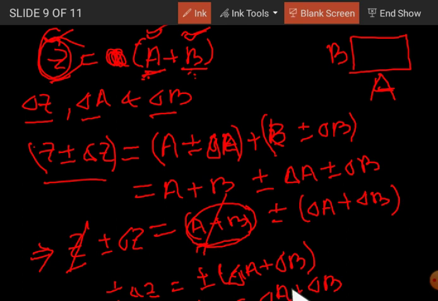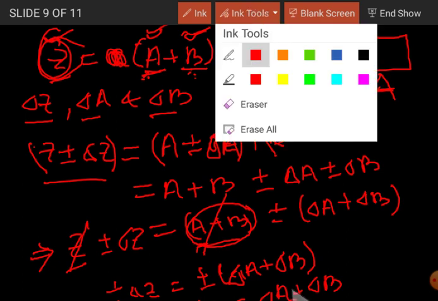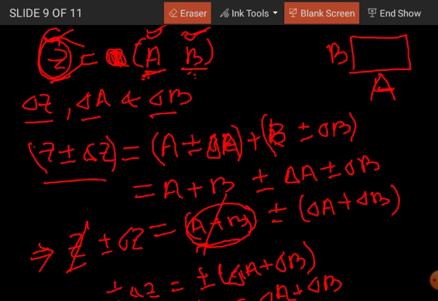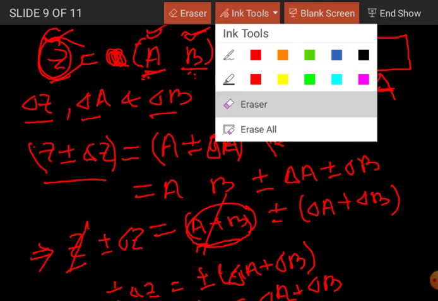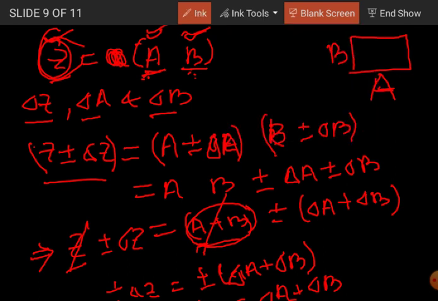Same is the case when we consider the difference. When we consider the difference, then what happened, this will be minus, right? So all these will be minus. Let me change it here. Now if a physical quantity z is expressed as a difference of two physical quantities, that means z will be expressed as a minus b.